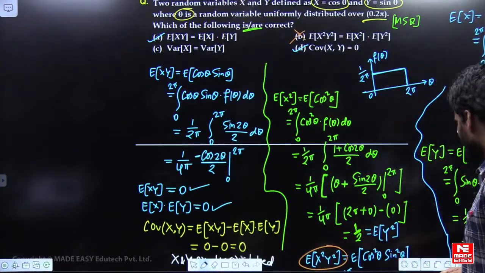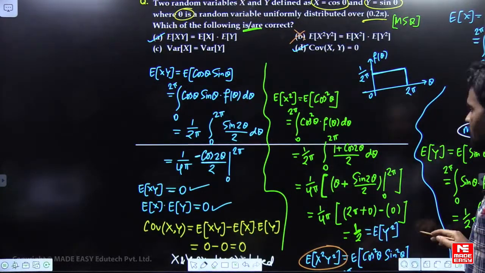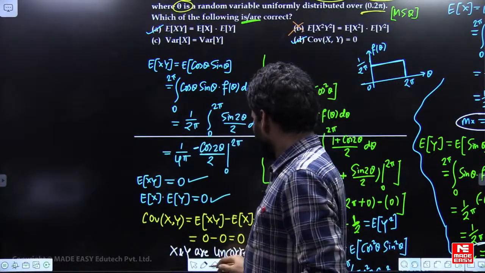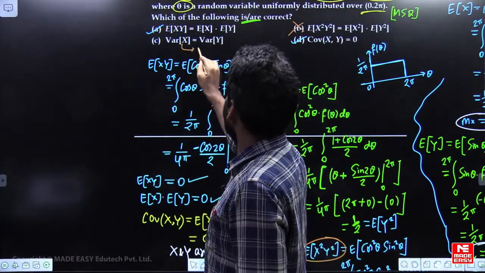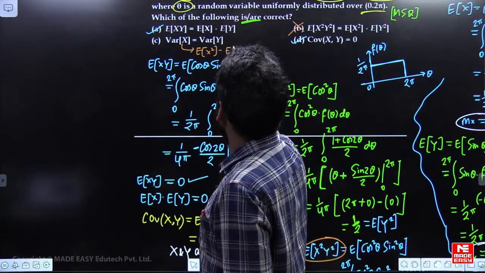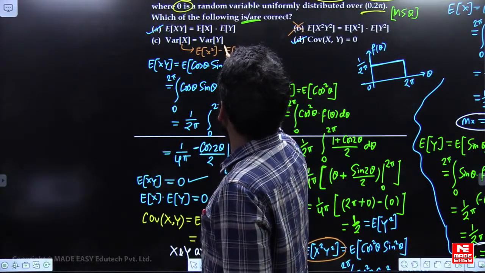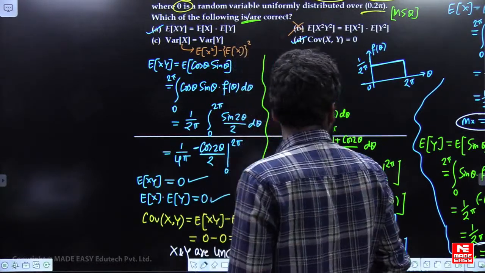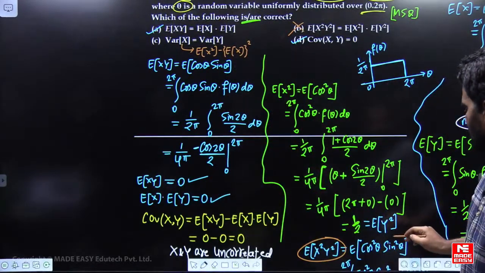And what about option C? The variance of x is the variance of y. You can write the variance of x as expectation of x square minus (expectation of x) whole square. Expectation of x square, how much did we get? 1 by 2.